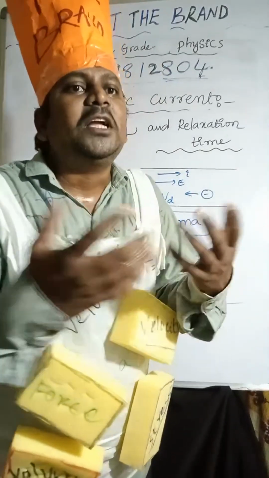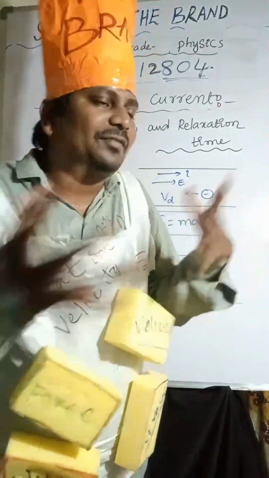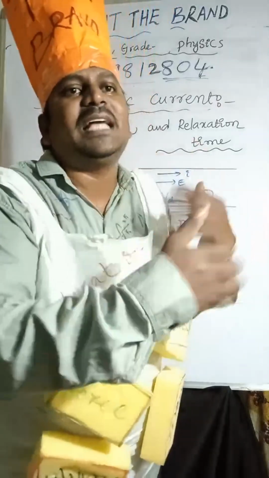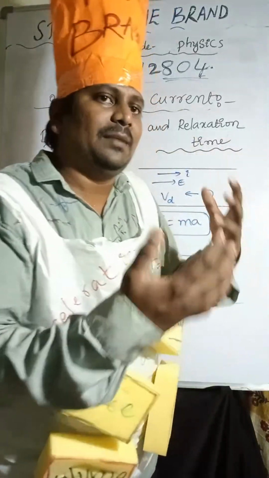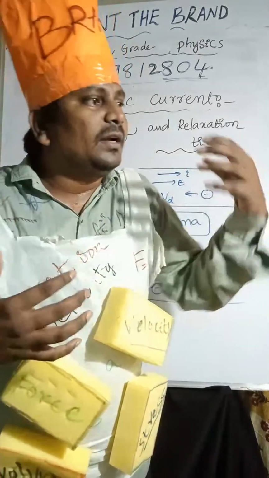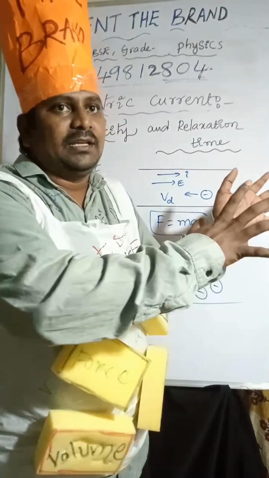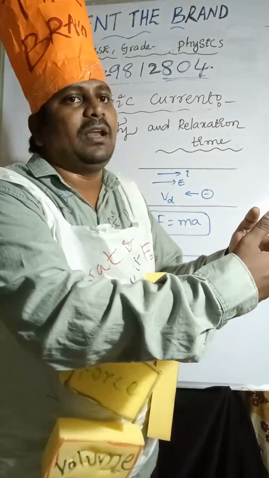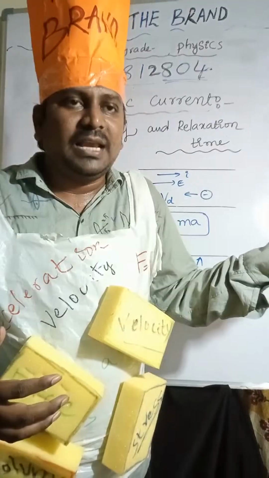After colliding, the electron's velocity changes. Initially it has a certain velocity, but after collision the velocity changes, or is sometimes exchanged. Sometimes the velocity decreases, and it is given to another electron moving with a different velocity, which then moves with a little more velocity.